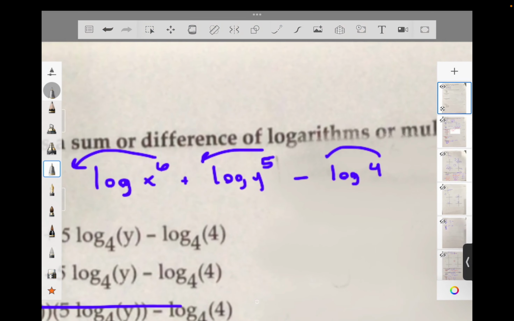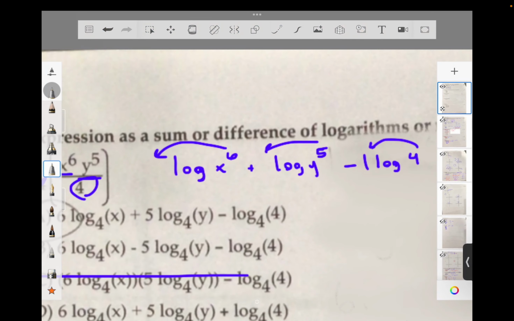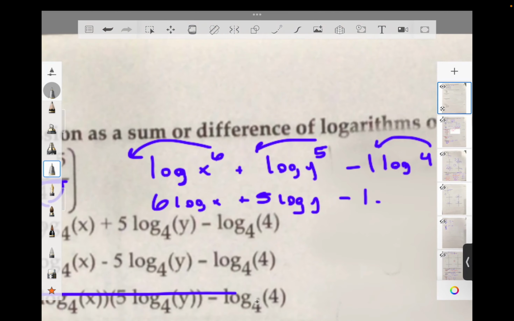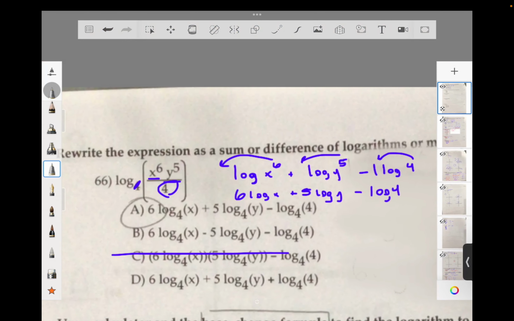This one doesn't have an exponent, but you can put 1 in front if you want. So it becomes 6 log x plus 5 log y minus log 4, which the only one that matches is A.